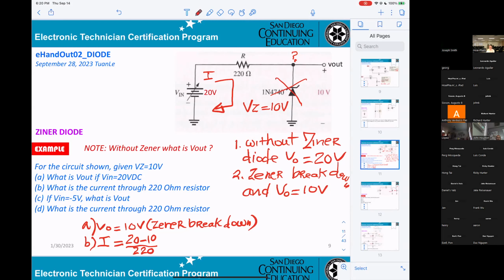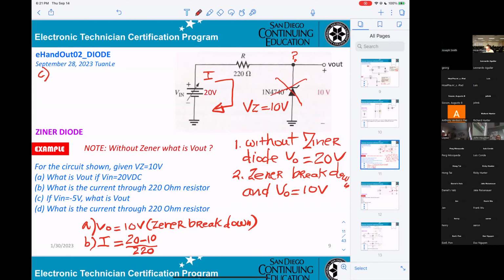If V in equals minus 5, what is V out? If V in is minus 5, then more than likely the diode will not be in breakdown. It'll be operating like a regular diode. Okay.